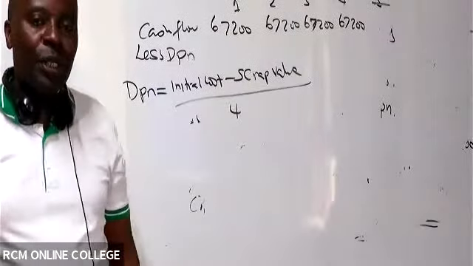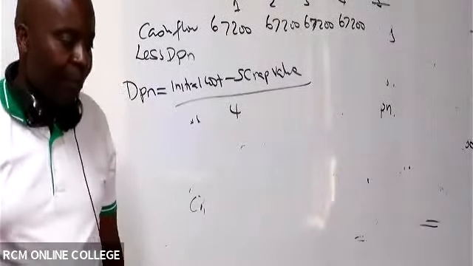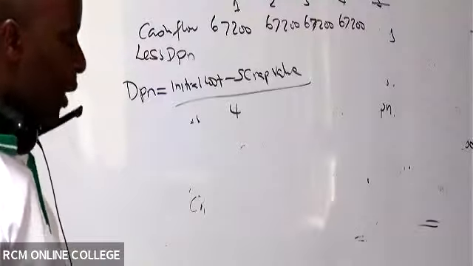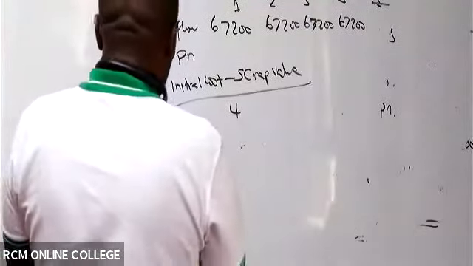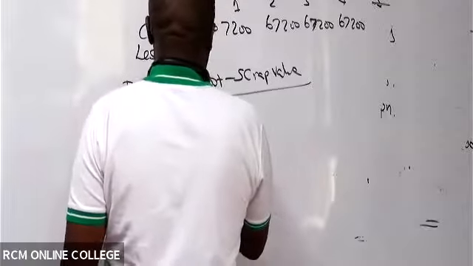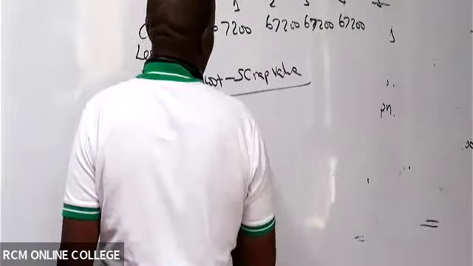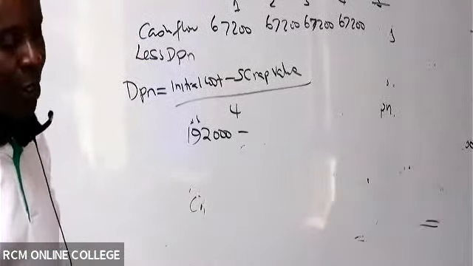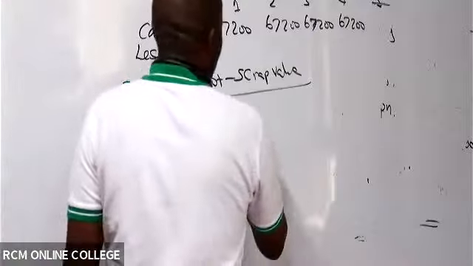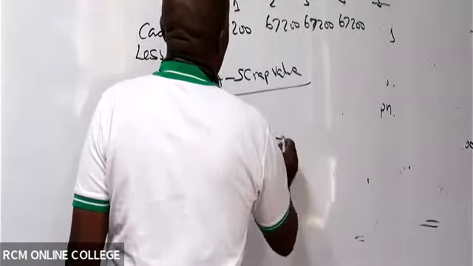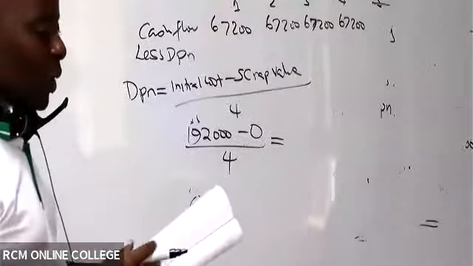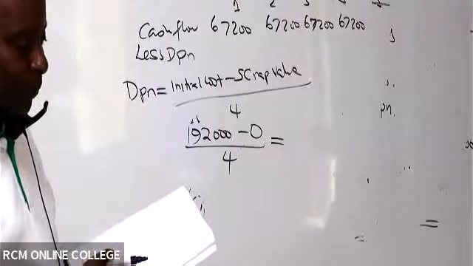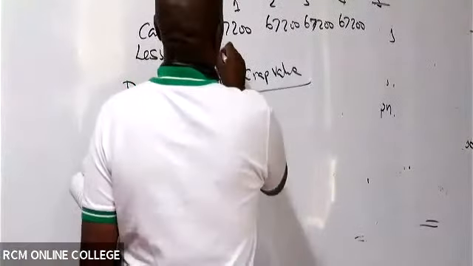It is 192,000. Do we have any scrap value? No, scrap value is 0. So divided by 4, we end up with 48K, isn't it? So we have here 48,000.